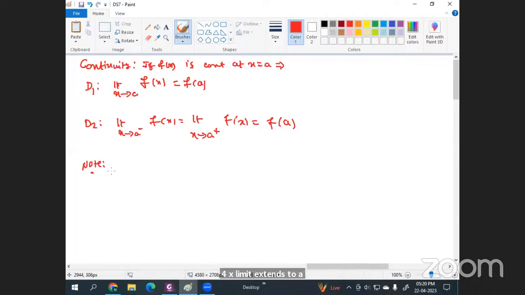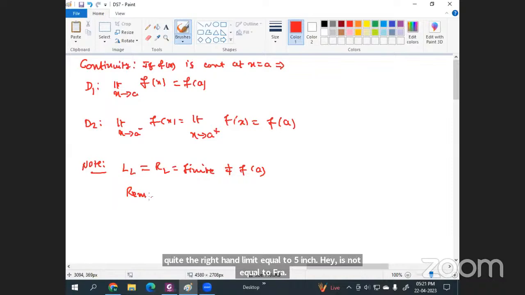Note: if the left hand limit is equal to the right hand limit, equal to a finite value, which is not equal to f of a, then it is called a removable discontinuous function.